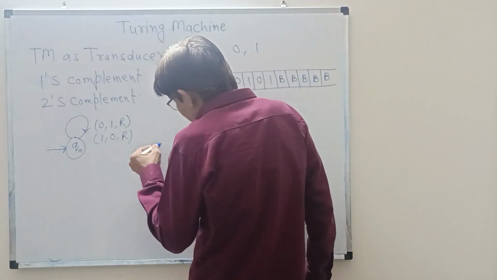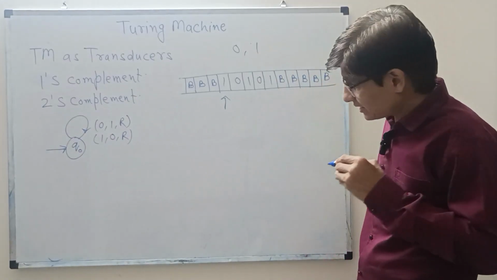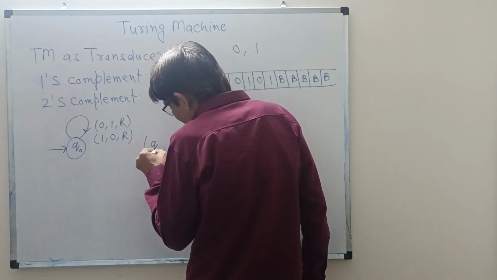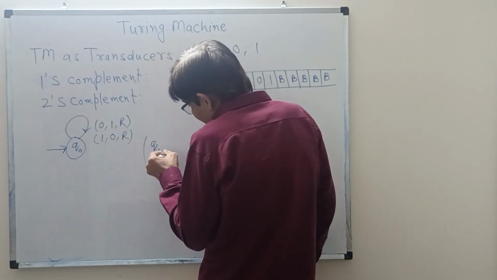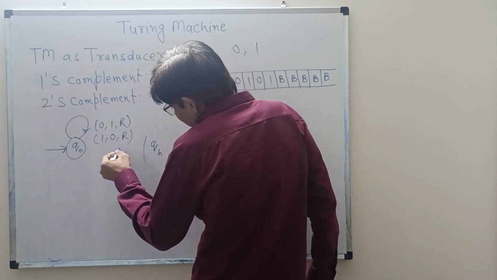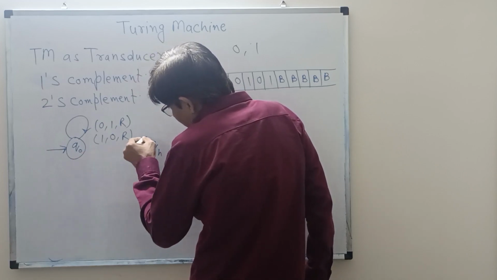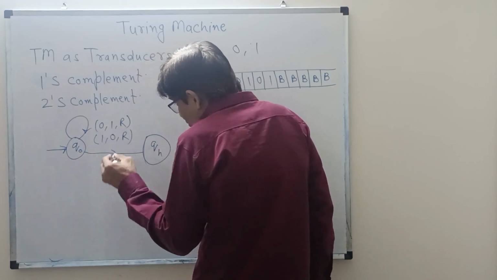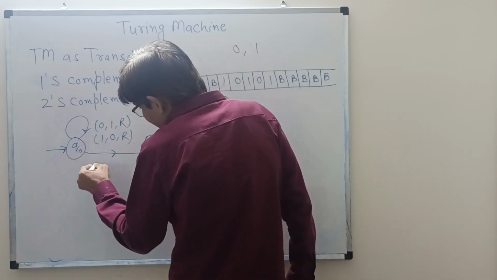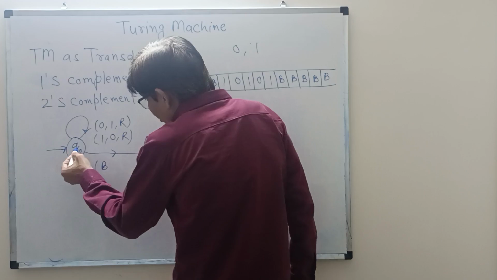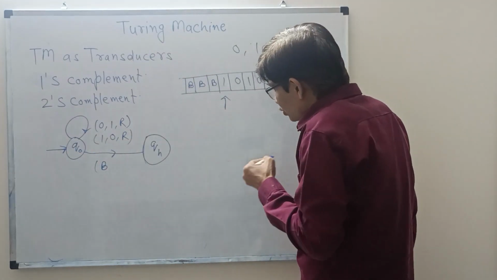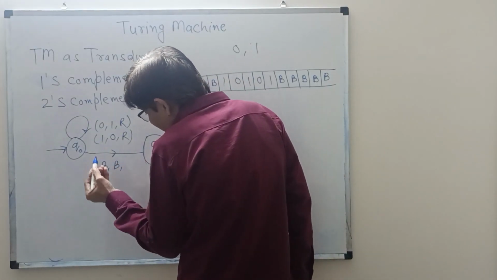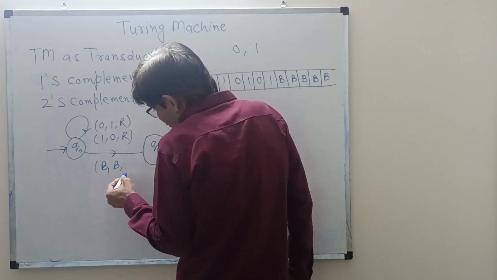Now, when to stop this process, or when to stop this Turing machine? We can have one special state, which is Q halt, you can consider it as QH. And when on q0 you are getting blank, that means you have completed all zeros and ones. So when you are getting blank, you will leave it as it is, and you can move either to left or to right.